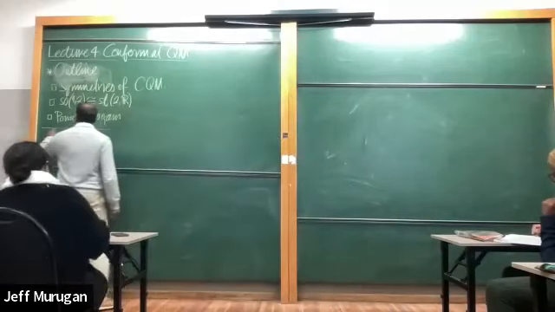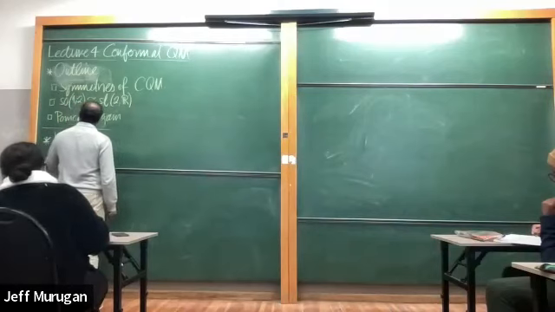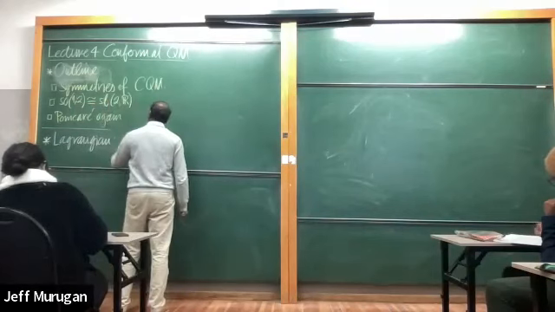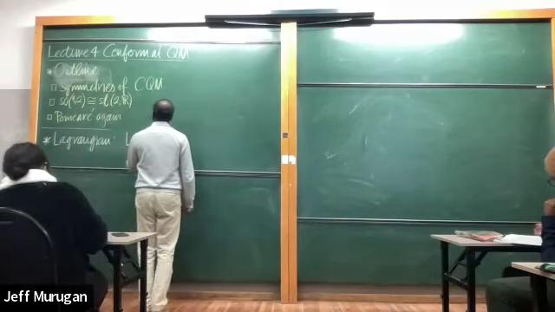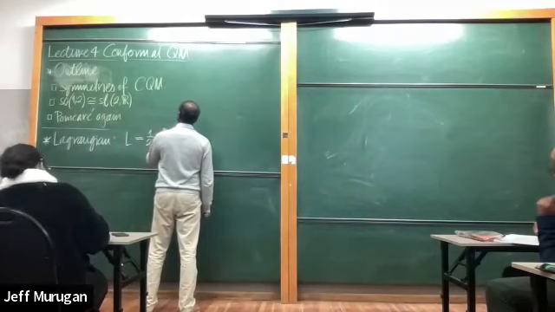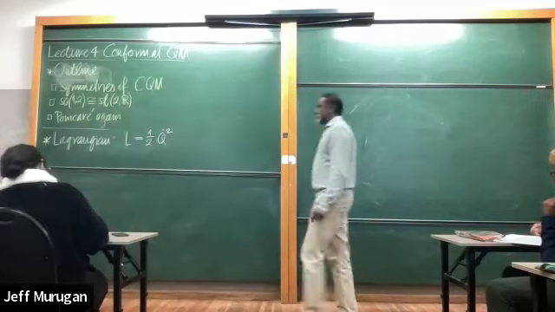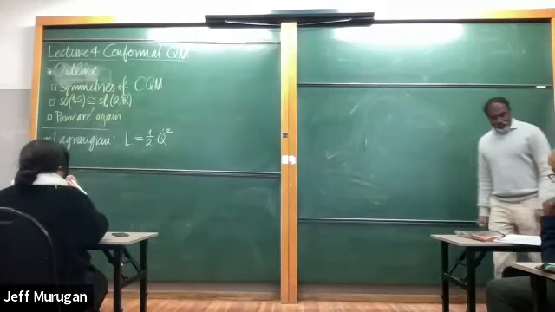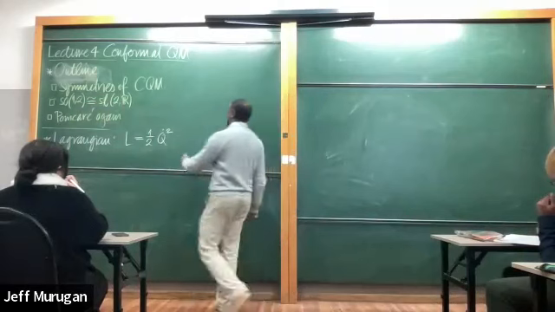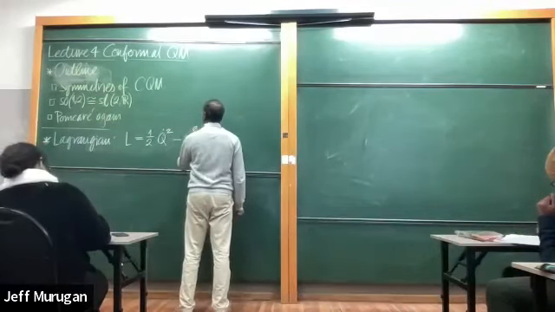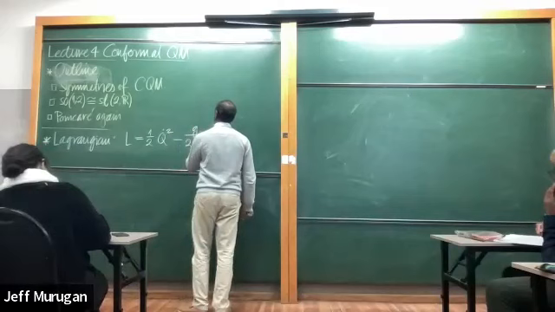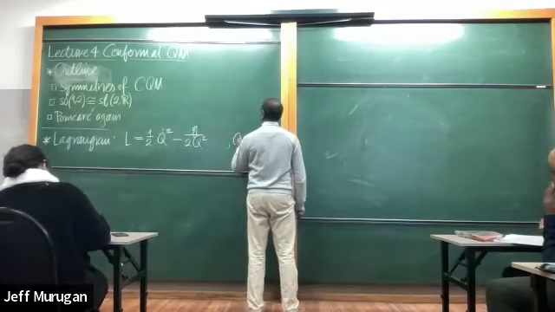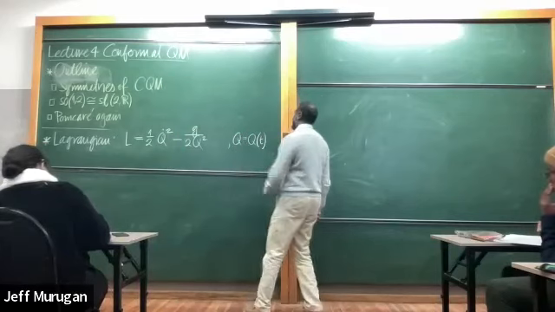Right, so we're going to call the dynamical variable Q, and Q is going to be a function of T alone, and the Lagrangian for this theory in appropriate units consists of a kinetic term and a potential term, and the kinetic term is the usual half Q dot squared, kinetic energy, minus g over 2Q squared, some normalization.